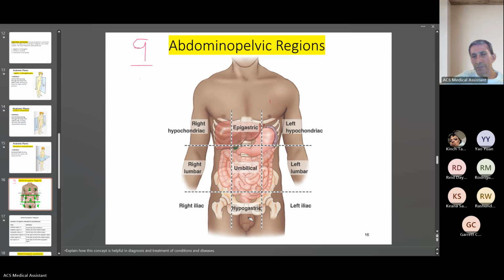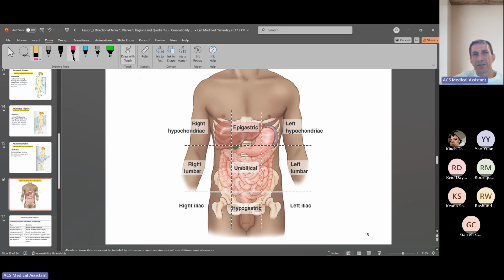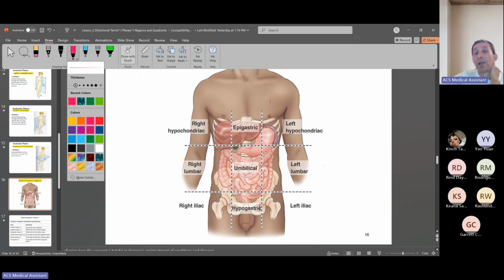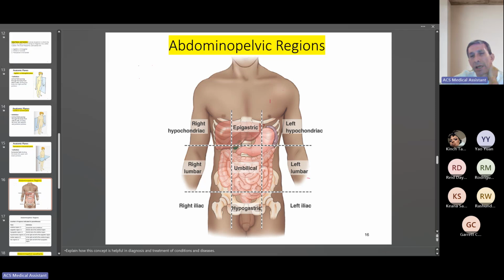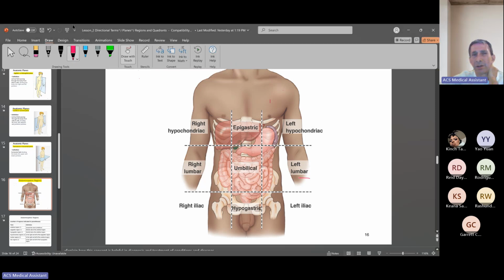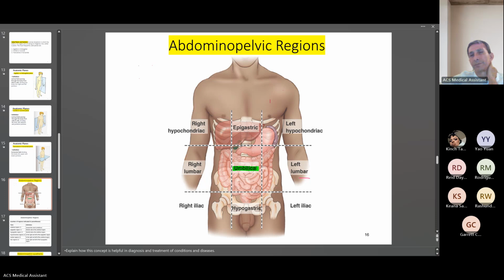In order for us to understand these regions, we're going to start with the middle one. The middle one is always easy: the umbilical region. I like the umbilical region because it's in the middle, in the center. So I'm going to start with the umbilical region. See, it's all this area. Now I'm going to move up.